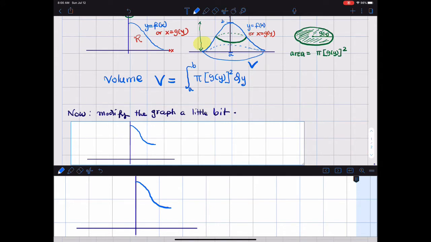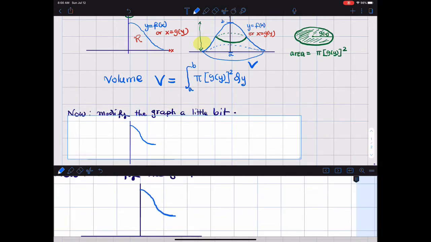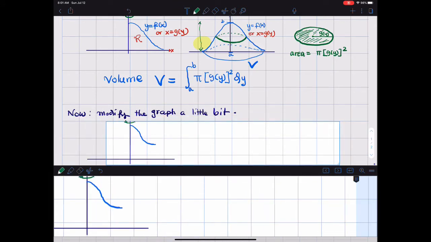And then I'm still trying to rotate about the y-axis like that. And I have this line here. So we have a line.